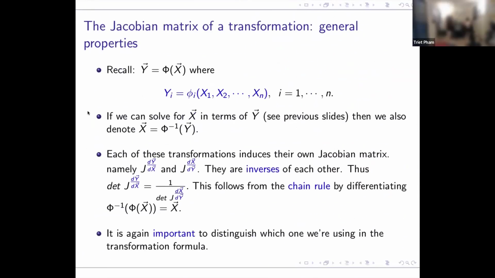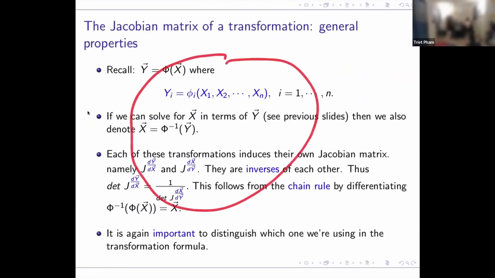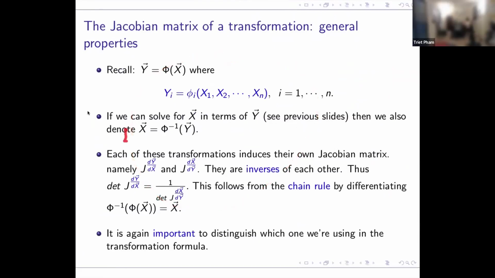Yep. So here is the general property that we just saw from those two examples: if you map forward and you map backward, then the two Jacobians are inverses of each other.